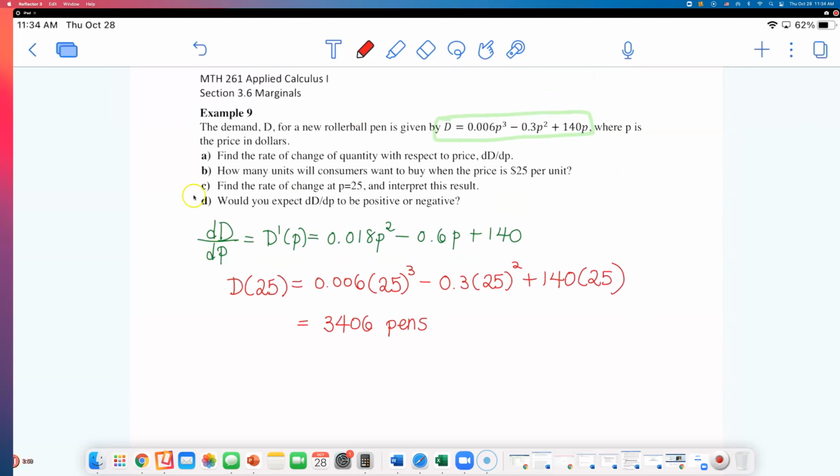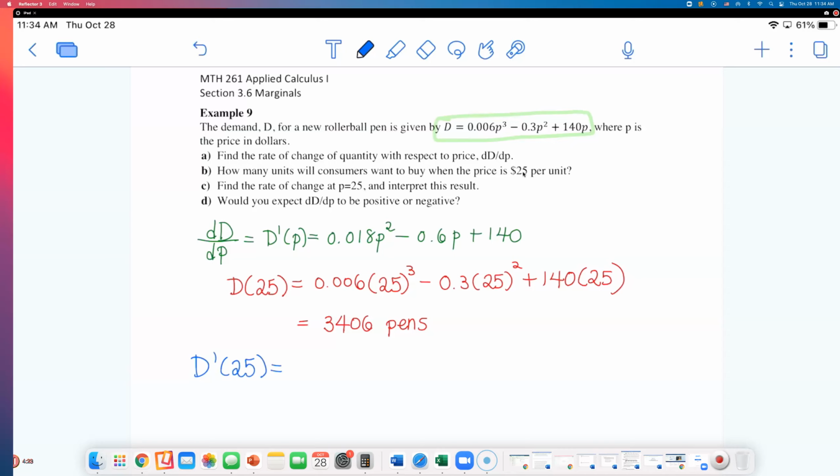All right, how about C? Find the rate of change at P equals 25. So when the price of a pen is 25, how is the demand changing? I'm going to go ahead and plug 25 into the derivative function.